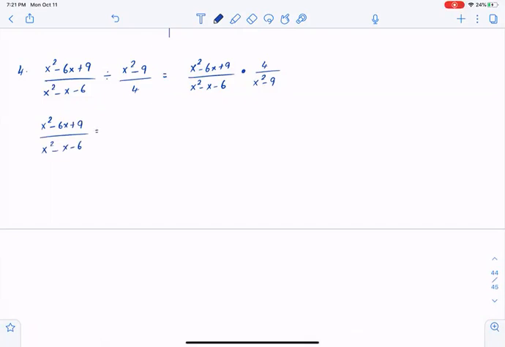The numerator is simply x minus 3 times x minus 3. The denominator can also be factored. It can be factored as x minus 3 times x plus 2. I have an x minus 3 in common. That would go away. So we will have x minus 3 over x plus 2.